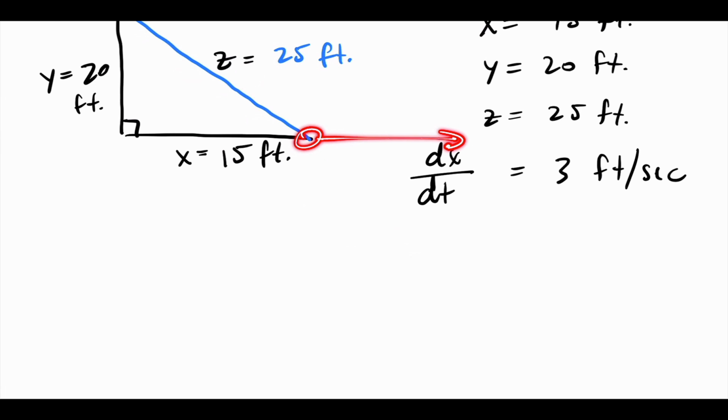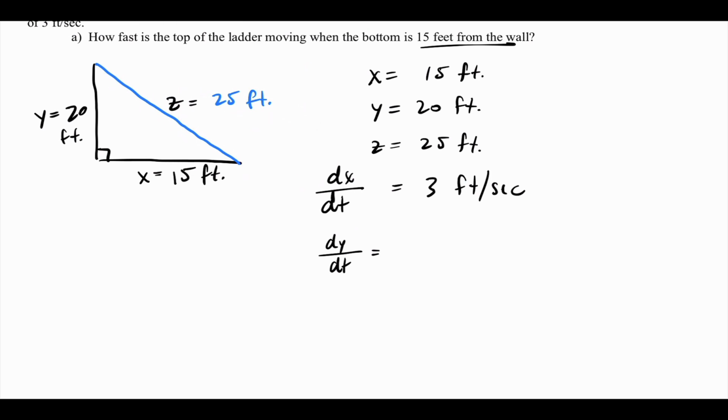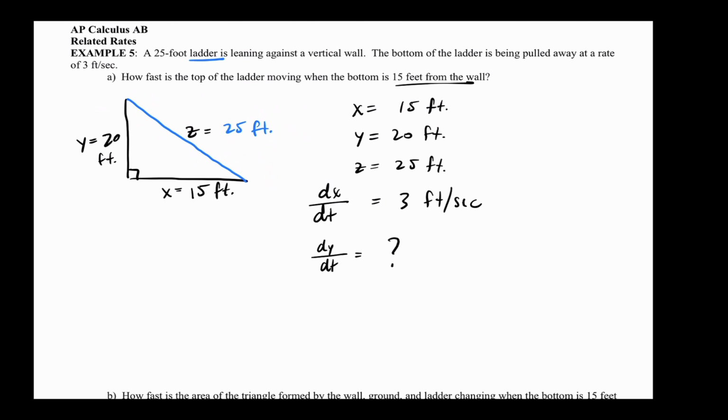It's moving this way, right? So if it's moving this way, x is getting bigger. Then dy dt, that's what the question is asking. How fast is the top of the ladder? We know that's going to be a negative number when we get there, but we're not there yet.